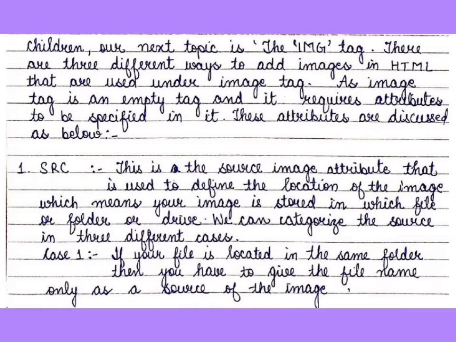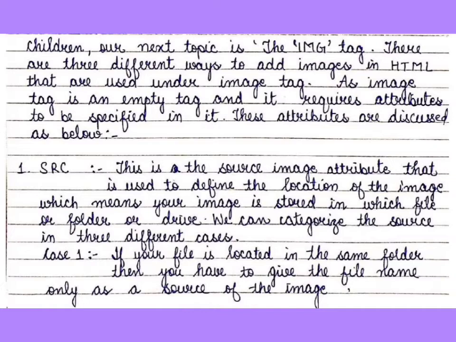There are 3 different ways to add images in HTML that are used under the image tag. The image tag is an empty tag and it requires attributes to be specified in it.